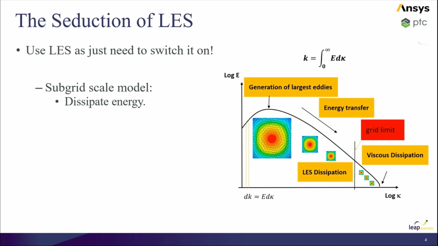You've got larger scales, you can have larger scale vortices, and they get generated. And then there's this transfer of energy as they break up. And you can see there's an almost straight line there, which has got a -5/3 slope. And that comes out of the self-similarity of the turbulence there. And then we've got a grid limit marked there in red. And so if that's where our grid stops resolving, and typically we need, say, three cells across an eddy to resolve it as a minimum, then beneath that, we're going to model it.